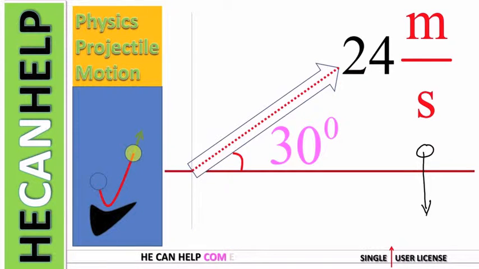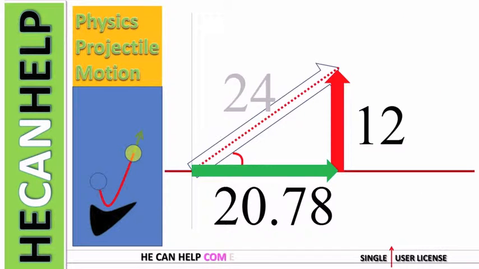The horizontal component is unaffected by acceleration due to gravity, which is completely along the vertical. So your 24 meters per second at an angle of 30 degrees is equivalent to 20.78 along the horizontal and 12 meters per second along the vertical.